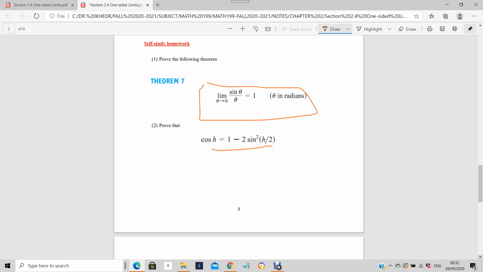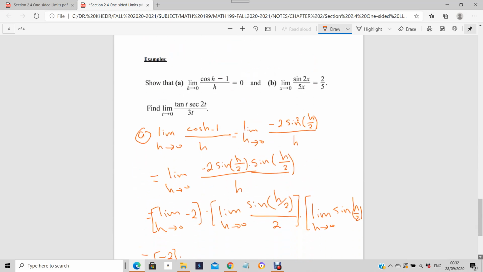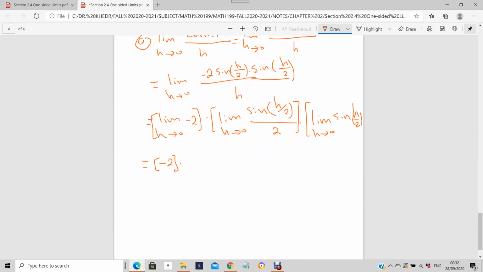Now, in our question here, we have limit, not theta, h over 2. This is supposed to be h, not 2, okay? This is h, not 2. See, if I divide the denominator by 2 and the numerator by 2, it's allowed for me.